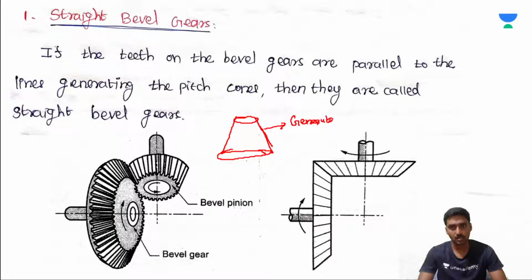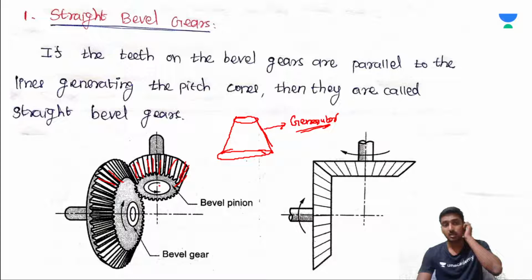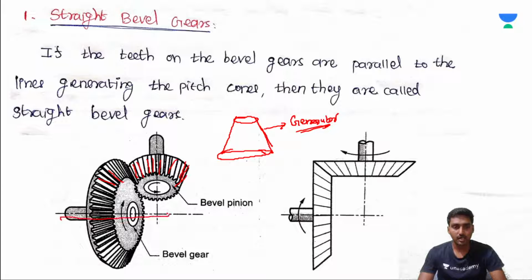So whenever the teeth are parallel to the generating line, it is called straight bevel gears. And mostly the shaft axes are intersecting. If you consider two bevel gears in side view, they are intersecting each other, right? This is called straight bevel gears.